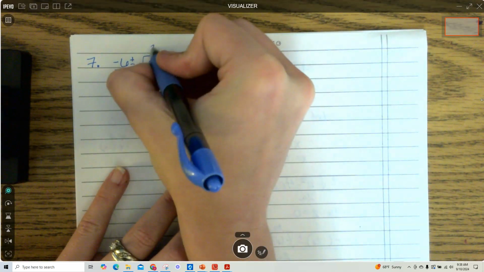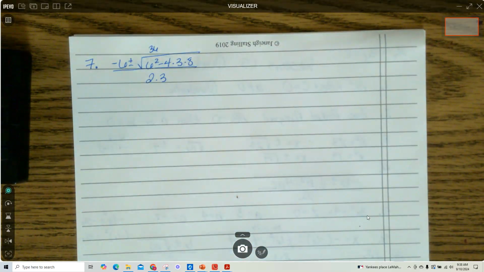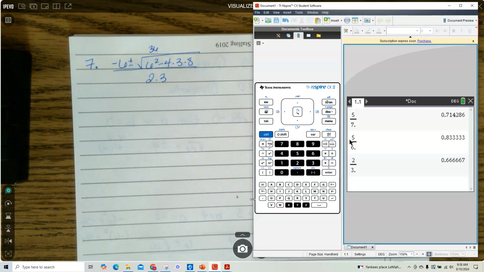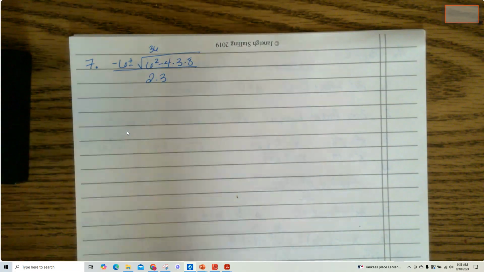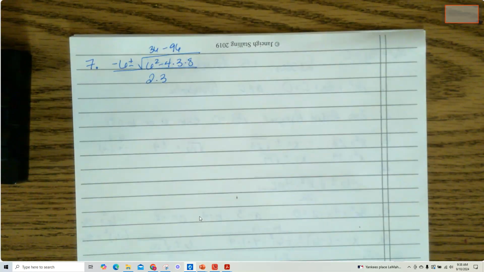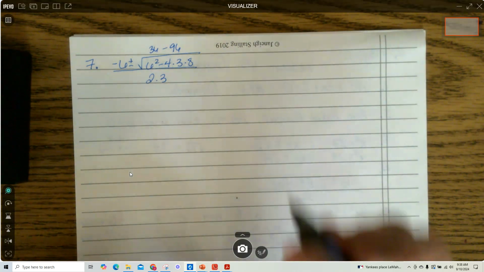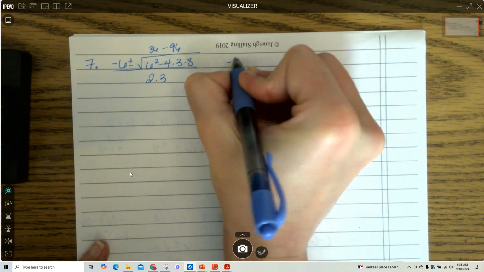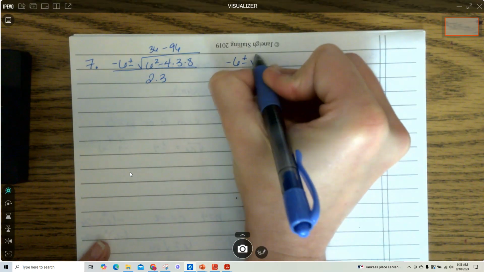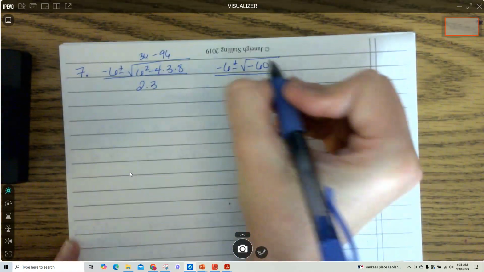So 6 squared is 36. 4 times 3 times 8. I just don't even want to do it in my head. Is 96. Ooh, this one's gross. So we're going to get a negative here, which is actually, you don't really do that. So we got negative 6 plus or minus the square root of negative 60 over 6.